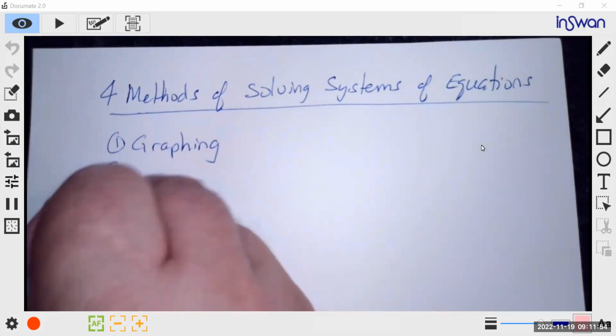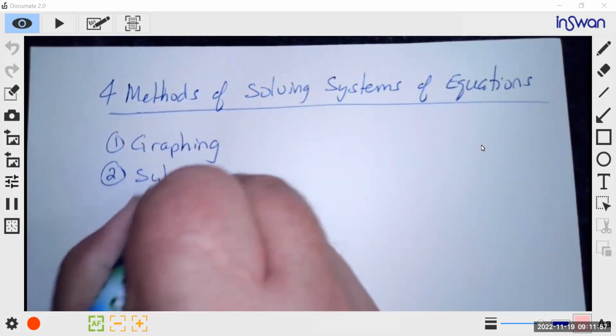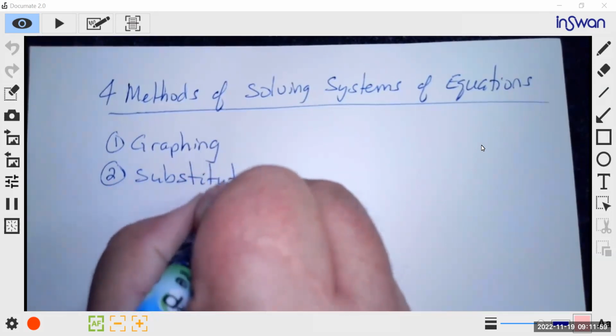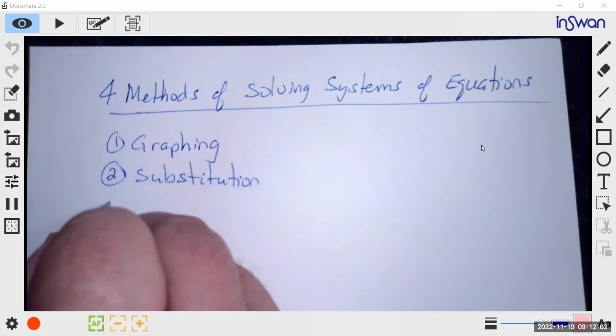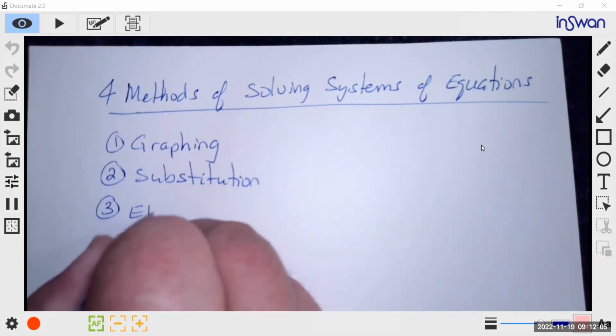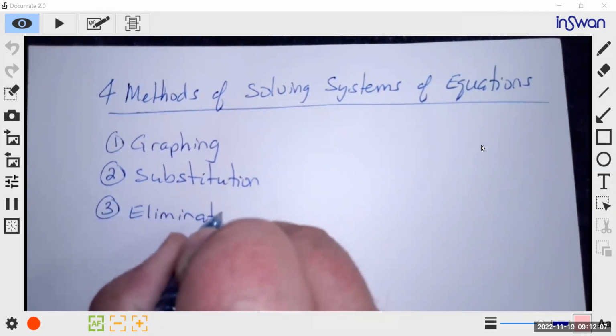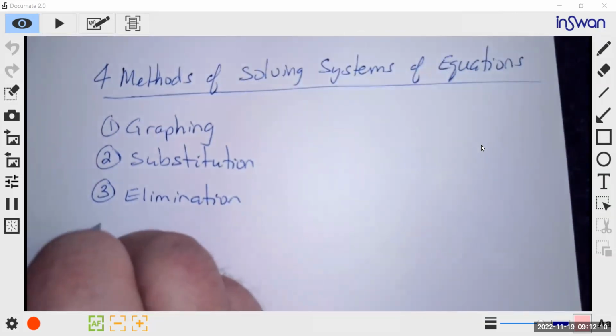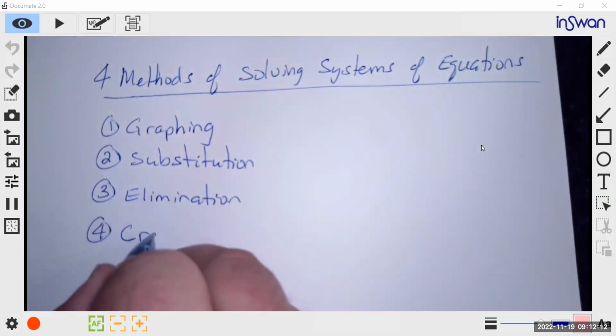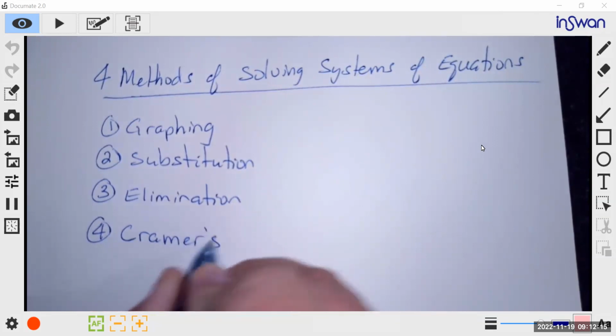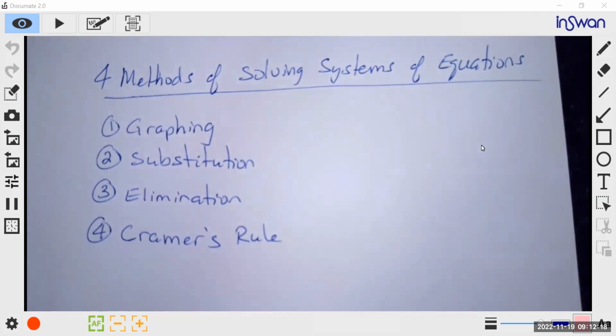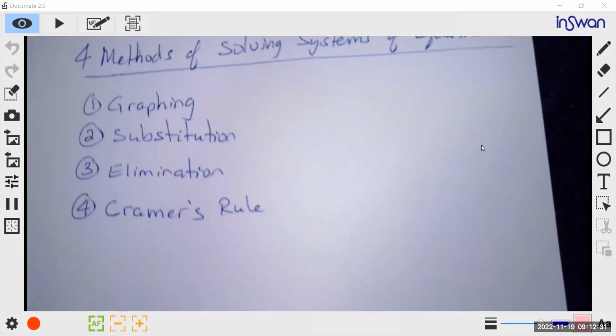The second is a method called substitution. Third is elimination. And the fourth is Cramer's rule. Each one has their pluses and minuses, but personally, I prefer Cramer's rule. And we'll see why in a minute.